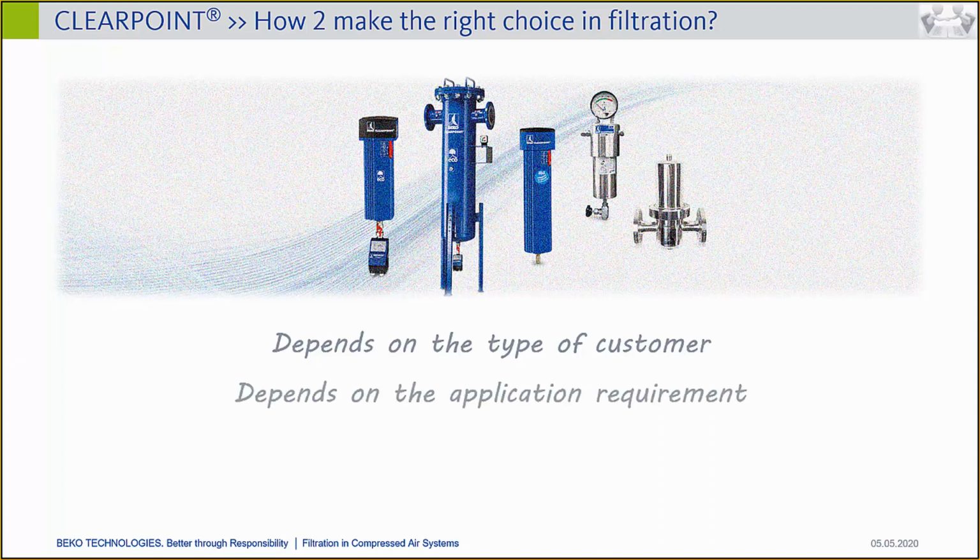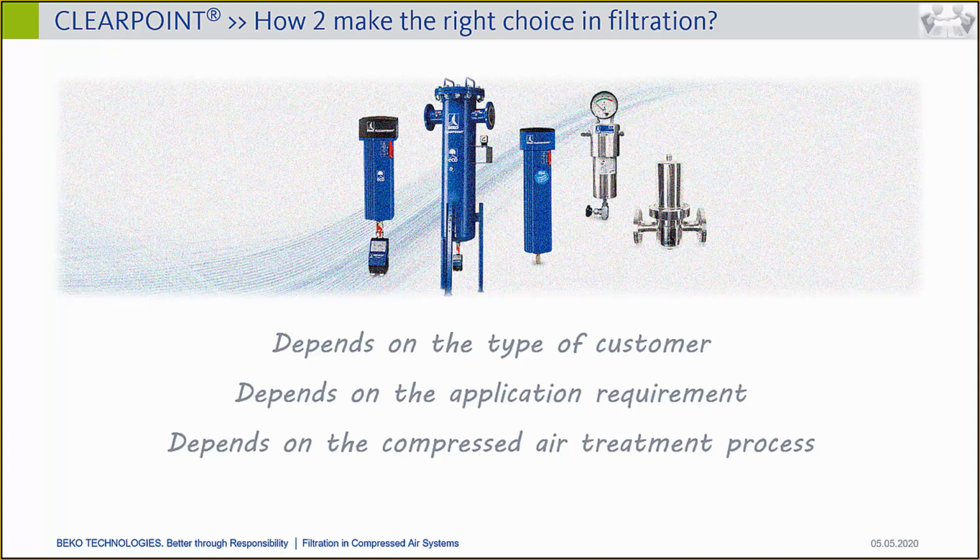It furthermore depends on the application requirements. So what quality classes need to be achieved? Do I have a central purification process or a point of use, and which components are involved? And of course, it depends on the compressed air treatment process itself.